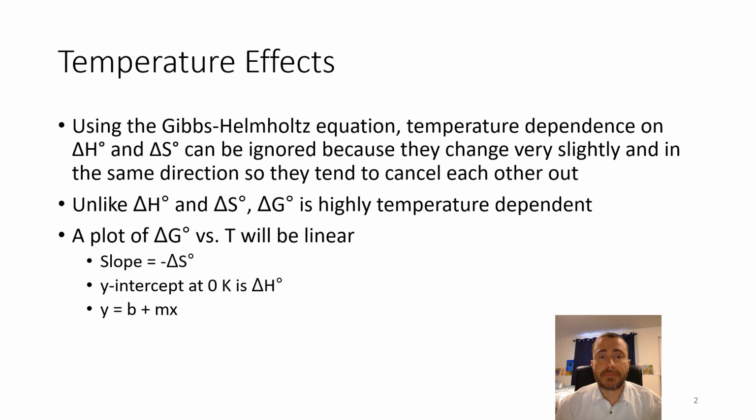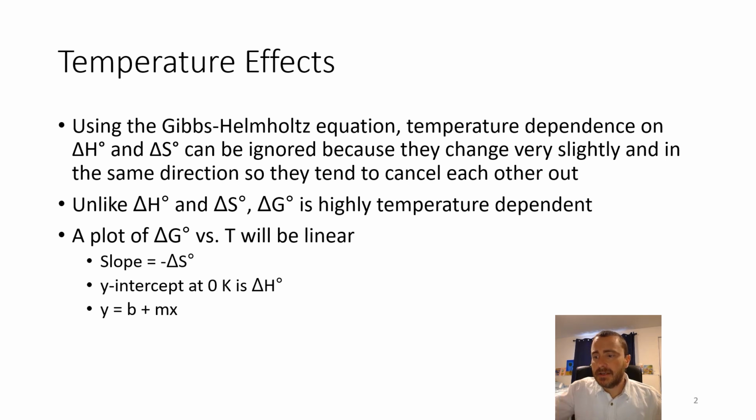However, delta H and delta S don't have a very big dependency upon the temperature. They change very slightly. Like we saw, our entropy is going to increase as the temperature increases because it's becoming more and more random, and enthalpy also is going to increase as we increase the temperature. Those things increase in the same direction as each other.